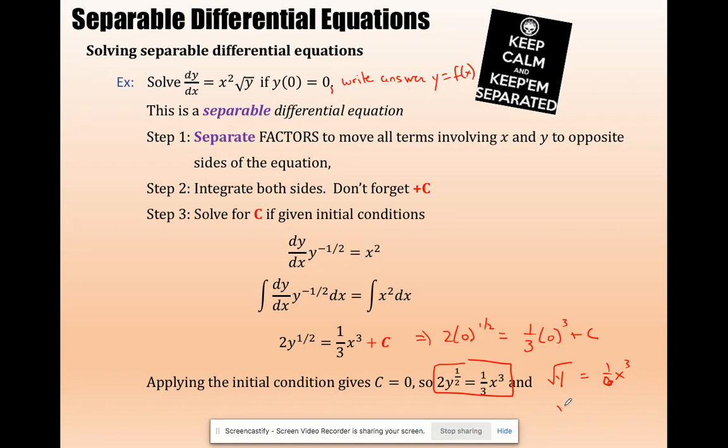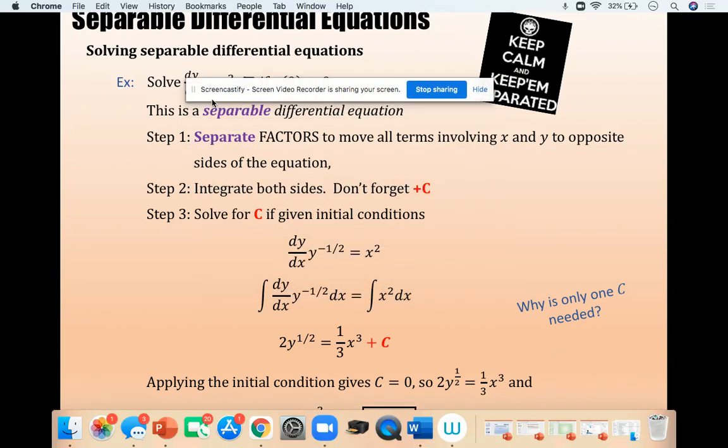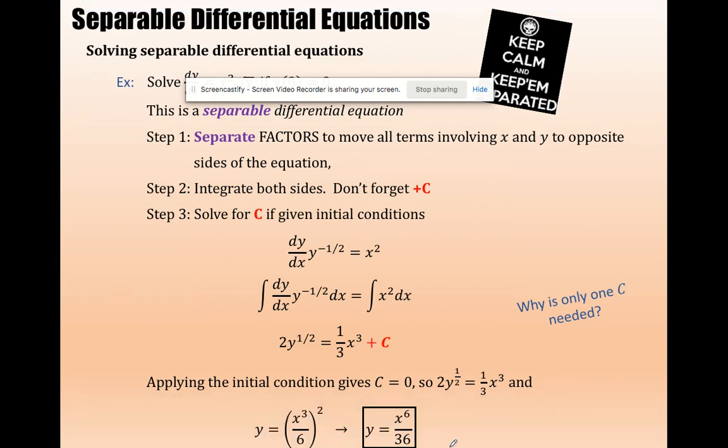And then I would square. Right? I could do that, but I don't need to. Okay, so again, don't freak about only one c. And don't worry about getting y by itself unless someone asks you to, or you're matching multiple choice.